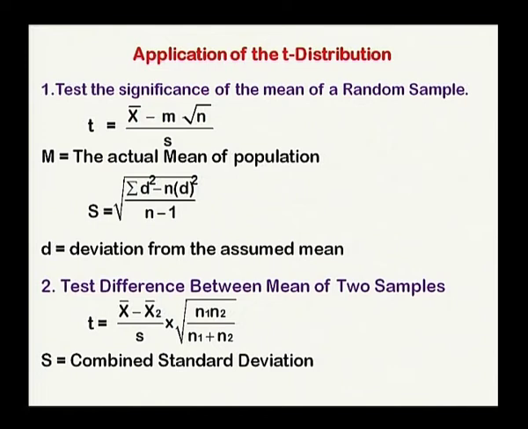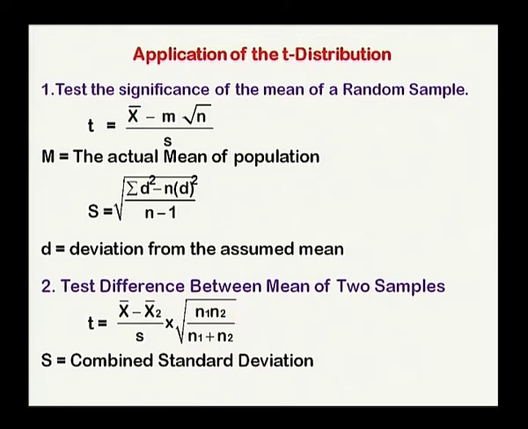Now, how to apply the t distribution to test the significance of the mean of a random sample? In this case, this formula is used. t is equal to x bar minus m, multiplied by root of n, divided by s.